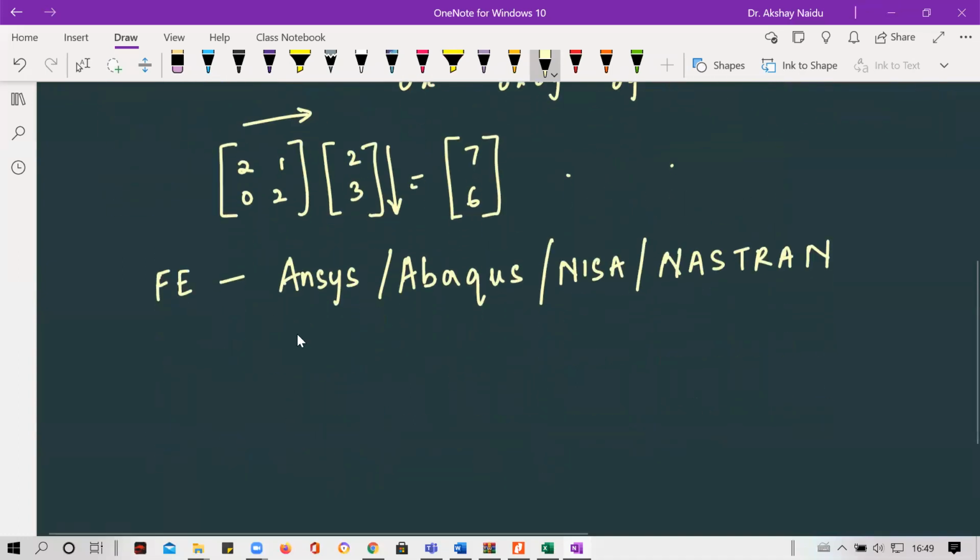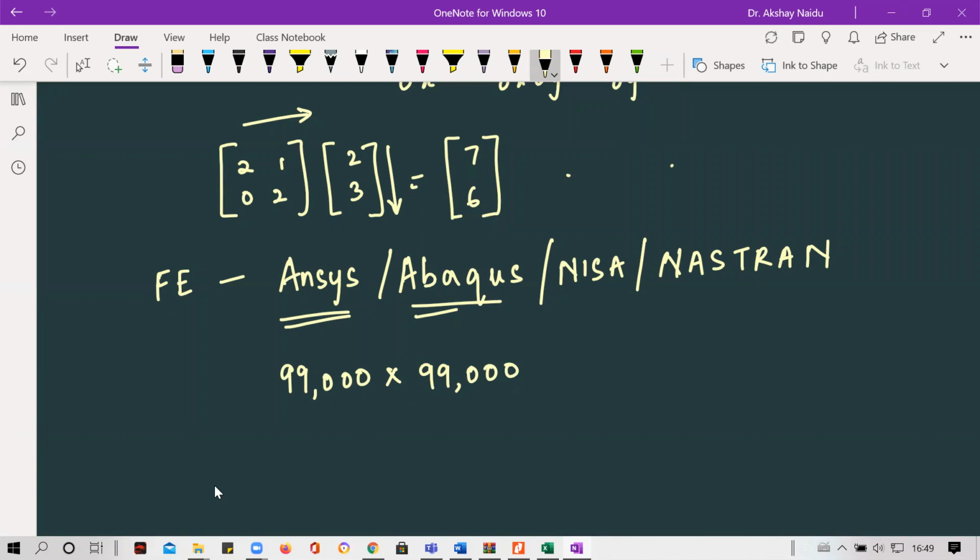When I was doing my master's, that was between 98 and 99, I was using Abacus and ANSYS. That time, the maximum matrix size these softwares could handle was 99,000 by 99,000.